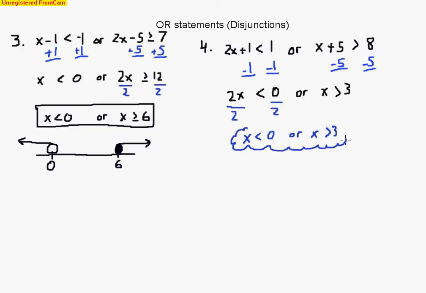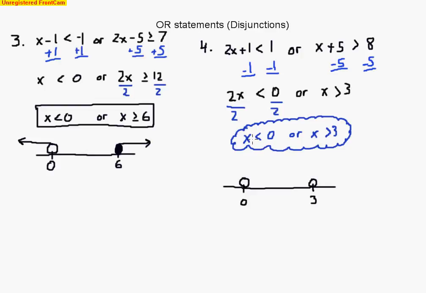However, we also want to recognize this as a graph too and represent it that way. So what we'll do is start by drawing our number line, and we've got our 0 off to the left-hand side and our positive 3 to the right. And this time we have open circles on both numbers because we have no line underneath the inequality signs.